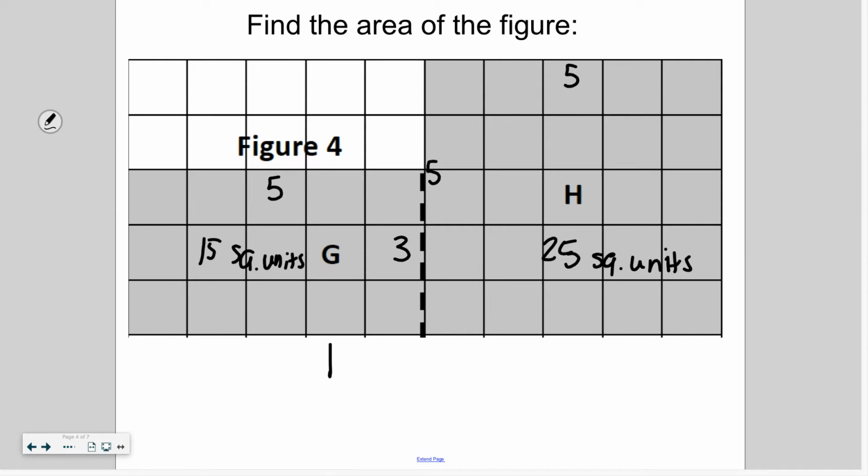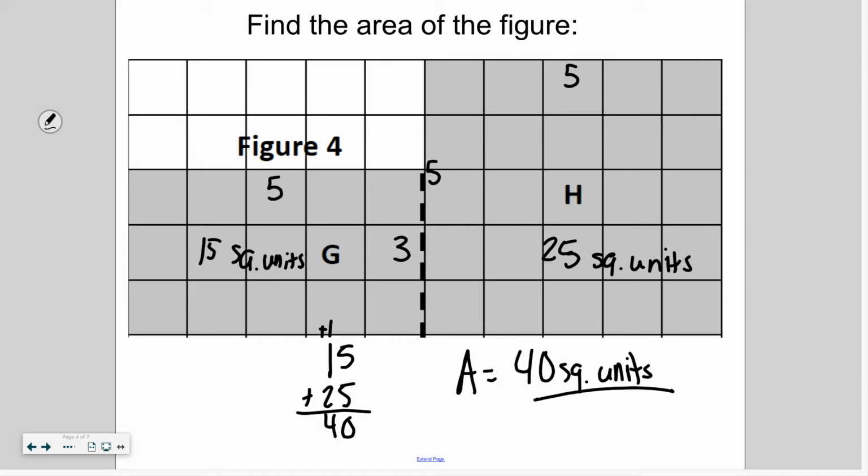So I'm going to add those up together to find the total area of figure 4. So that's a 10, we group the 1, and that makes 4. So figure 4 has an area of 40 square units. And I always want to include my units. Area is always squared, and for perimeter, it's always just regular units.